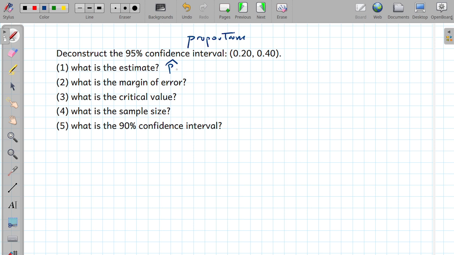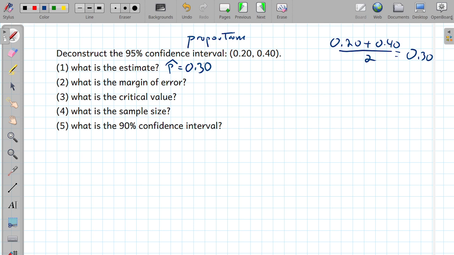Remember, the estimated value is dead center in the interval. The easiest way to get that, this one you can eyeball, but you can simply take the average of the lower bound and the upper bound. So this works out to 0.30. So p hat is 30%. All right, that one's easy enough.